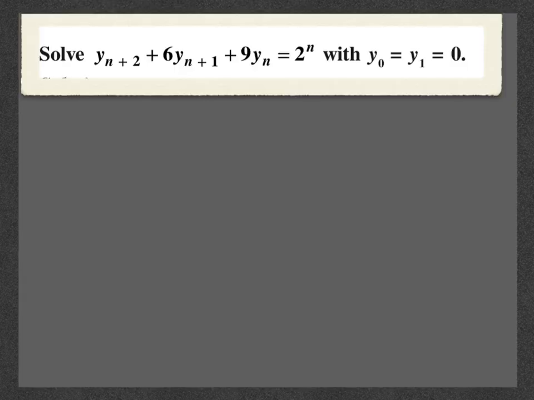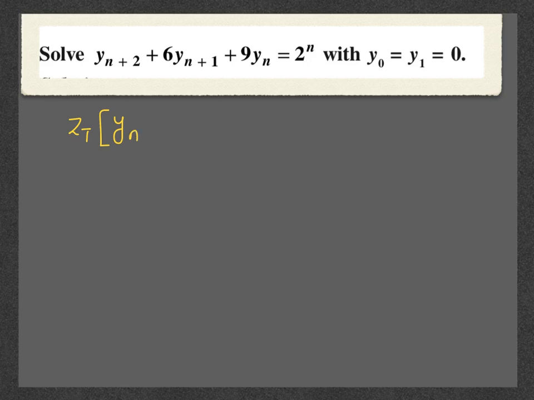Let's solve another problem. We have the difference equation here, y n plus 2 plus 6 y n plus 1 plus 9 y n is equal to 2 power n, with the condition y0 equal to y1 equal to 0. So first we take the z transform on both sides of the given difference equation.